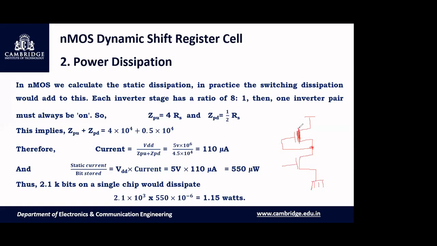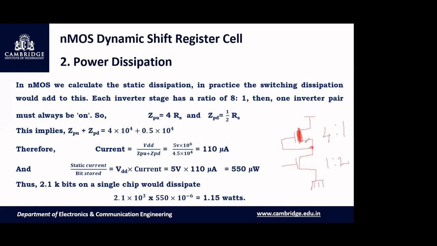The upper one is the NMOS depletion mode transistor. The lower one is the NMOS enhancement mode transistor. The upper transistor will have a ratio of 4:1. The lower transistor will have a ratio of 1:2. You know how to find the resistance of pull-up as well as pull-down, no?